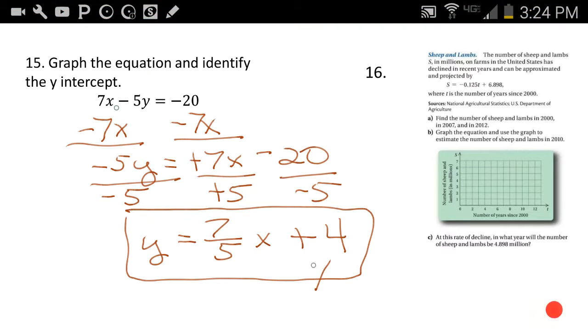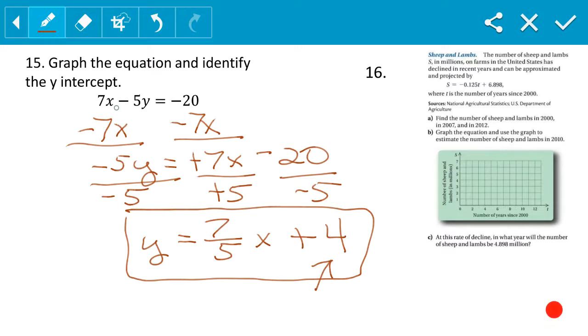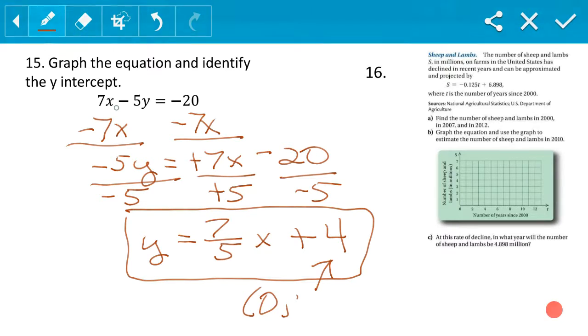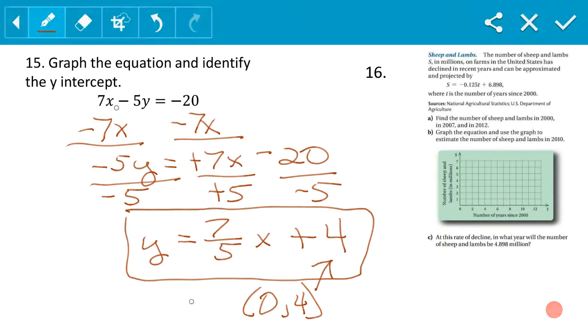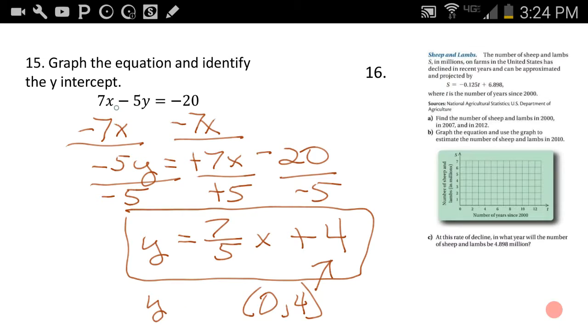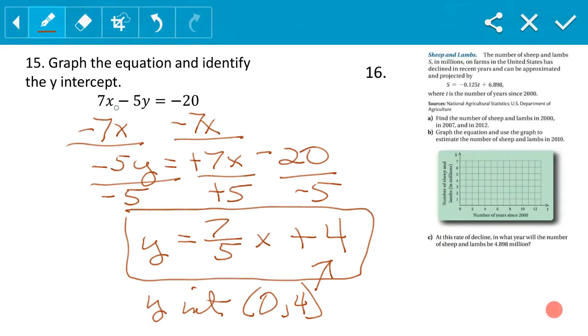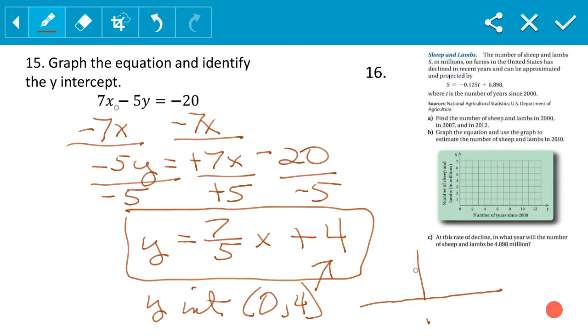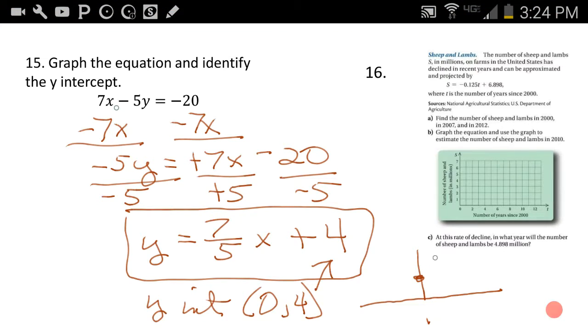And remember, this is where it crosses the y-axis. So this is one of the numbers of the y-intercept. The other number is x equals 0, y equals 4. So that's the y-intercept. Now to graph it, you are going to find that point on a graph, which I don't have handy right now, but let me do it here like this. x equals 0, let's say that's y equals 4.